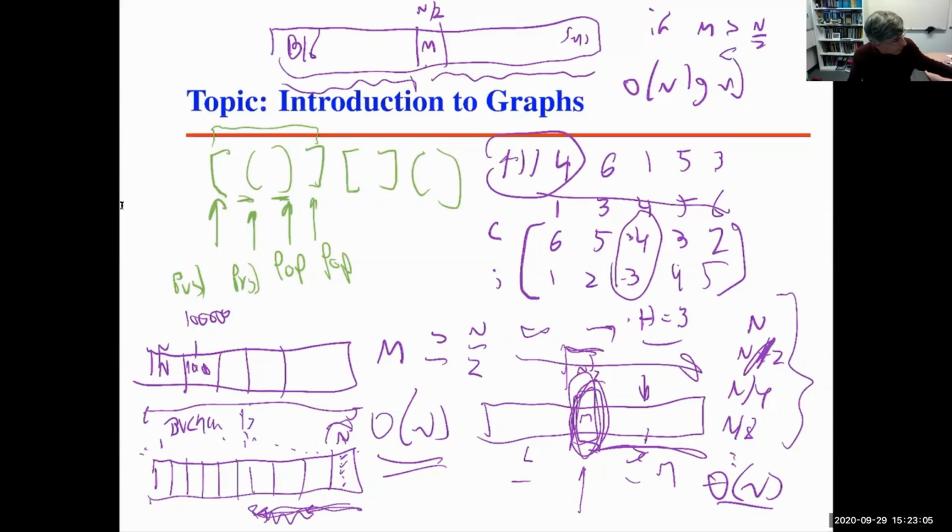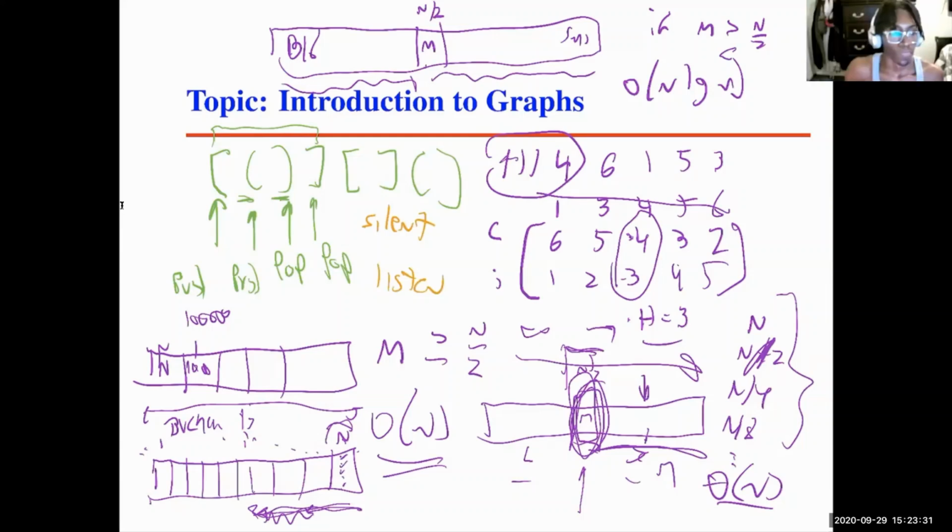Okay, the final problem has to do with finding anagrams. We said that we had two words, like, let's take a look at silent and listen. How can we tell whether or not they have the same set of letters? You can sort the two strings and then compare them to see if they're the same string.